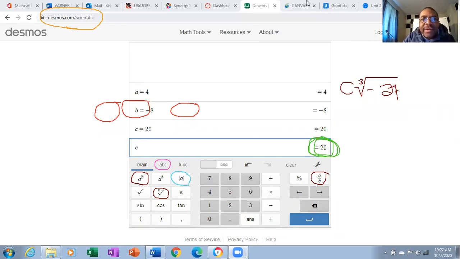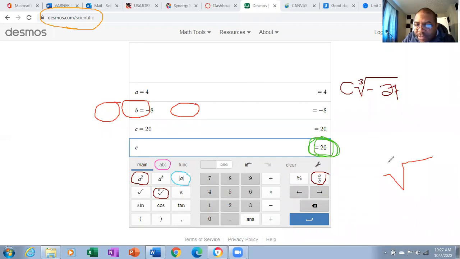So look, this part is the radical sign. That's the radical. And this is the index. It could be a 3, or your index could be 5. But in most cases, we're going to have either a 2 or a 3 there.